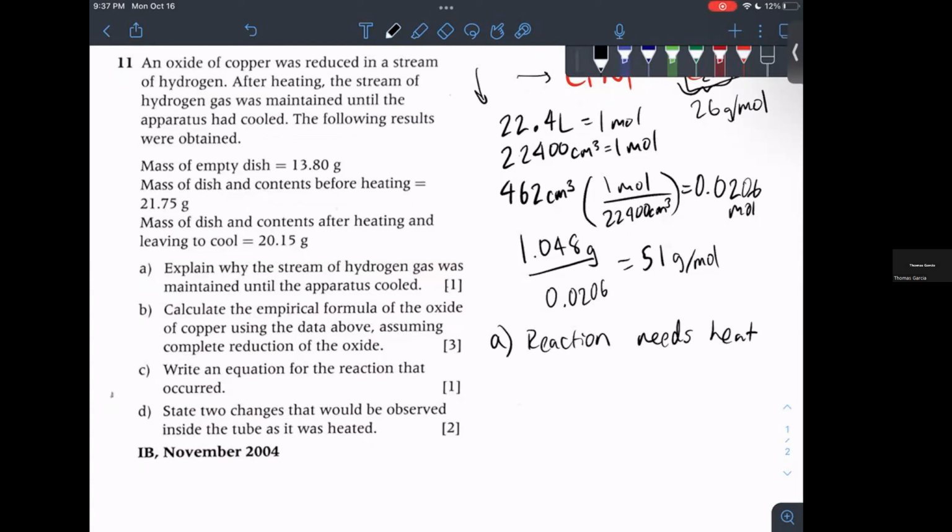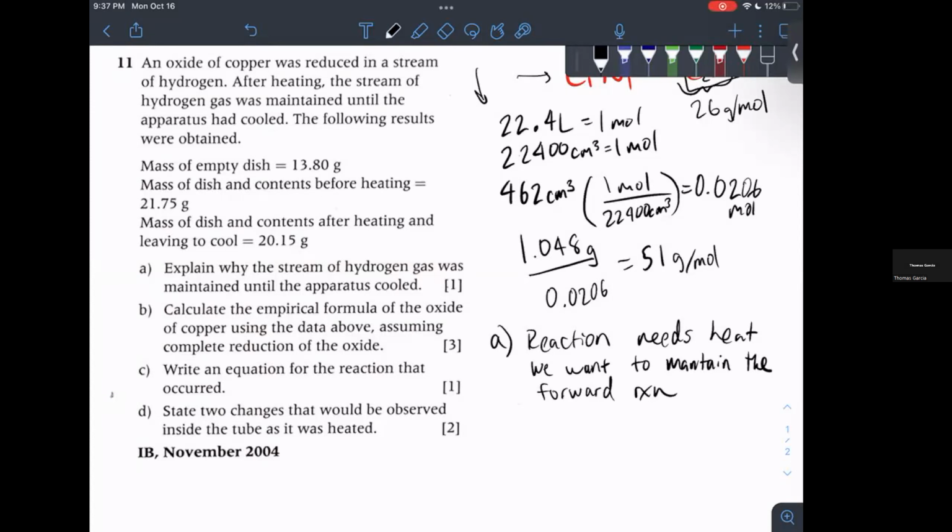We don't want our product to react back, so we maintain this flow of hydrogen so that there is nothing to react with it other than hydrogen, which is going to constantly push it forward. So it needs heat, and we want to maintain the forward reaction.